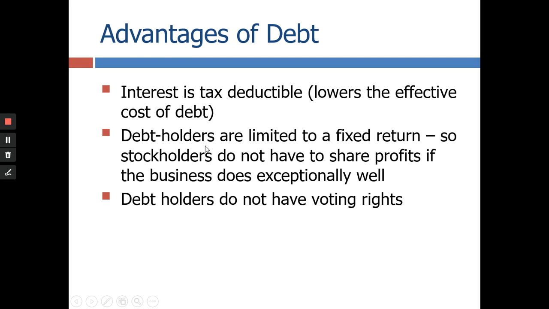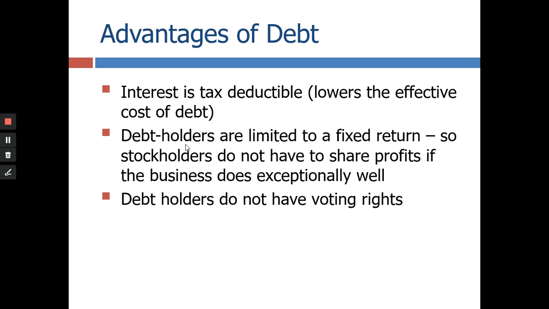The next one: debt holders are limited to a fixed return, so they do not share profits. What does it mean? If you take a loan from a bank, you pay interest, and the interest usually is fixed. Let's say you take 1 million ringgit.